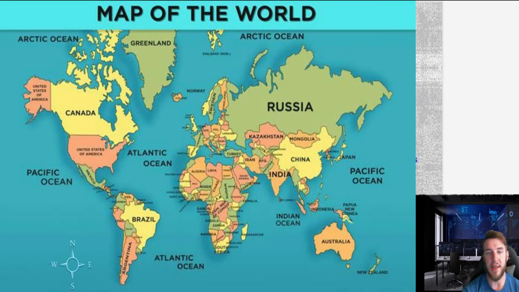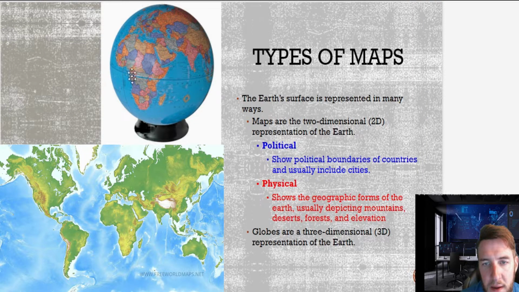I'm not going to see political boundaries, meaning if you look here in the globe map, you see all these different countries that are here, right? Well, if I'm looking from space, I'm not going to see that. I'm going to see something like you see on the bottom here. All right, I'm going to see where there's desert. I'm going to see where there's lots of green and trees and forests and things like that.